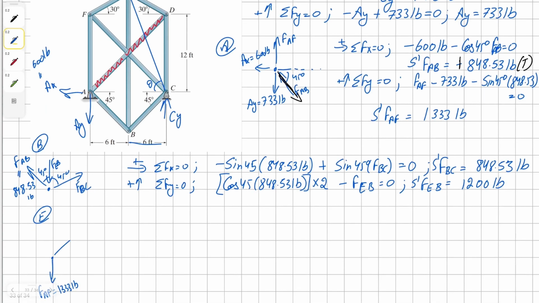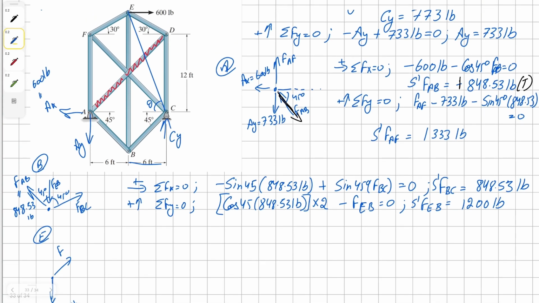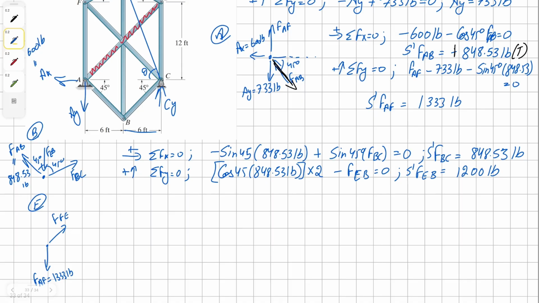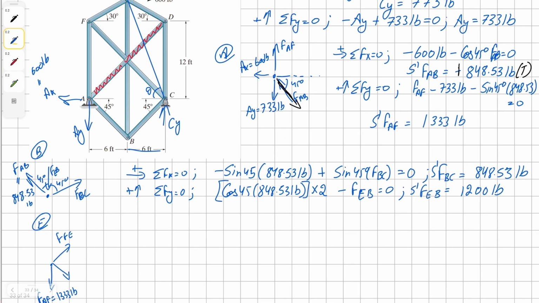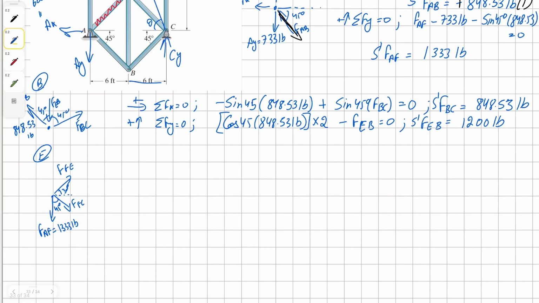Then we have unknown member FE, and our other unknown is member FC. Our angles here are 45 degrees and 30 degrees. We're going to have simultaneous solution for this joint.